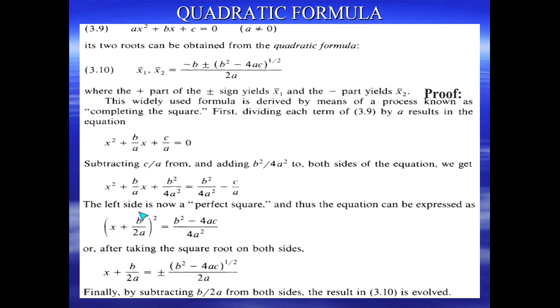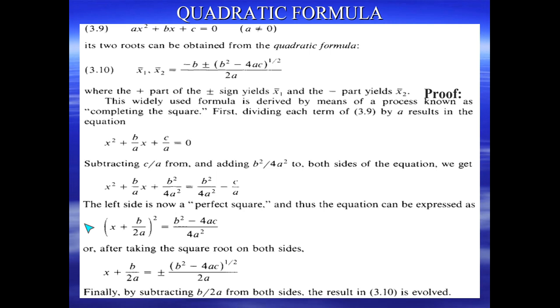We need x plus b over 2a. If we take the square root of this term, we obtain only the positive root, not both. Because, well, the square root of 4 is 2, all right. But what is the x which, when squared, when multiplied by itself, gives us 4?